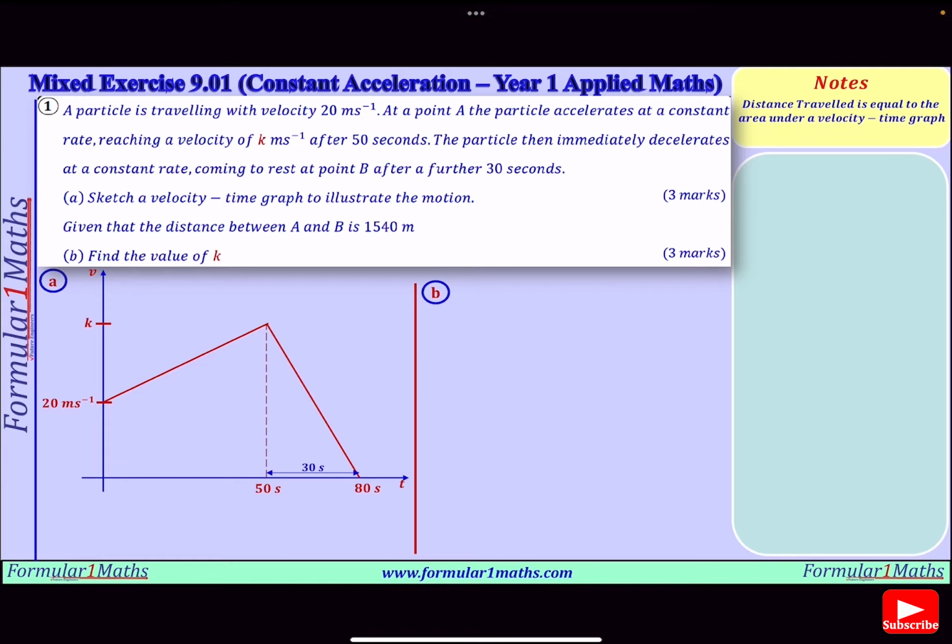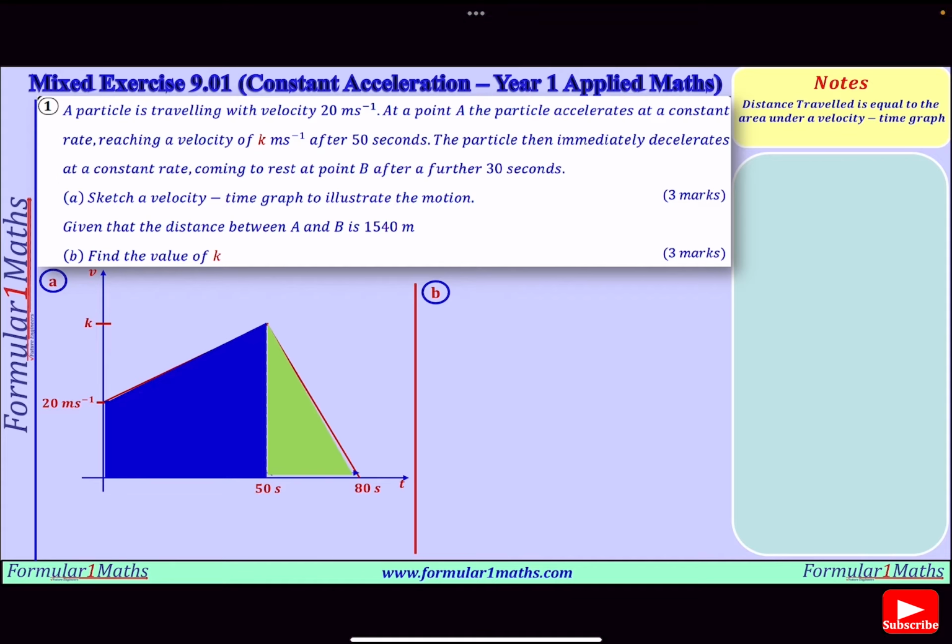The one for acceleration is represented by the blue section, and the one for deceleration is represented by the green section. To find the area of the blue section, you're going to use the formula for the area of a trapezium, because the blue section is a trapezium.